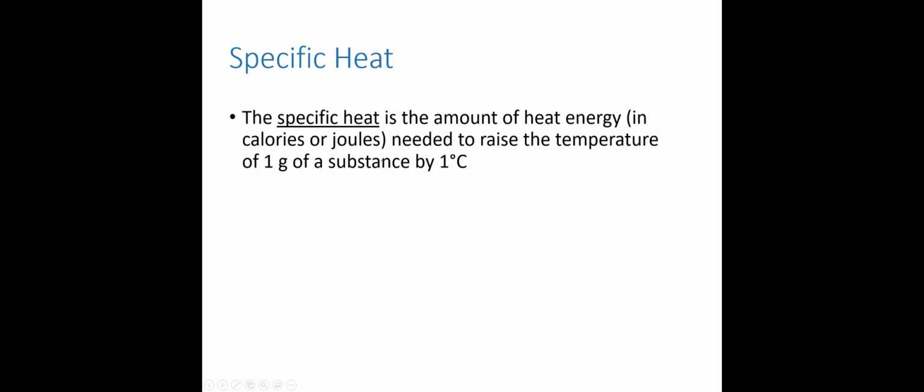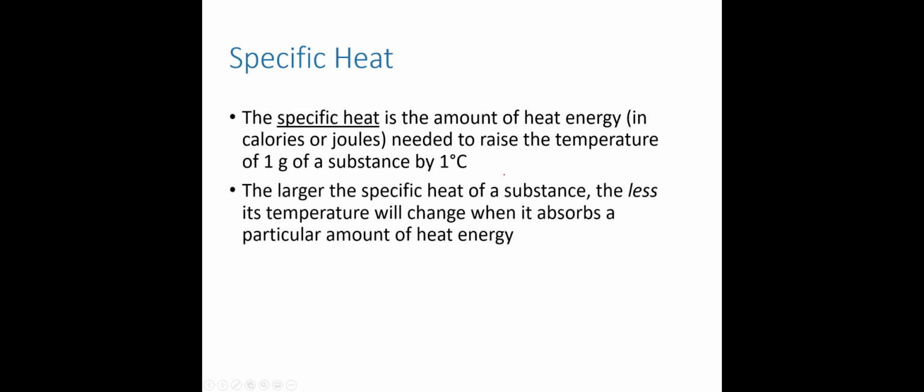Now, if you think back to the wording of this, we actually already talked about this terminology with water. We said 1 calorie is the amount of energy that you need to raise the temperature of 1 gram of water by 1 degree Celsius. So its specific heat is going to be 1, as I'll show you in just a second.